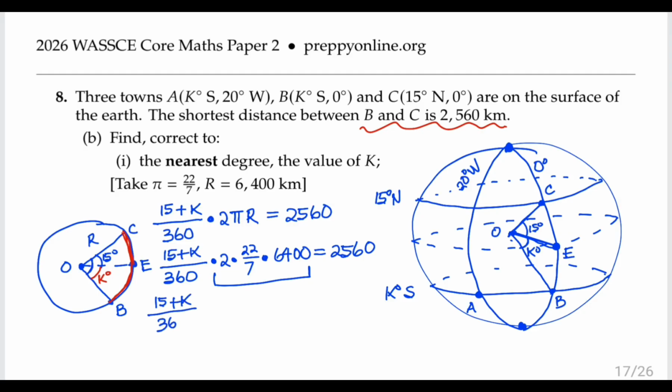To get rid of the 2, we multiply both sides by half. To get rid of this 22 over 7, we multiply both sides by 7 over 22. To get rid of the 6,400, we multiply both sides by its reciprocal, which is equivalent to dividing by it or multiplying by 1 over 6,400.